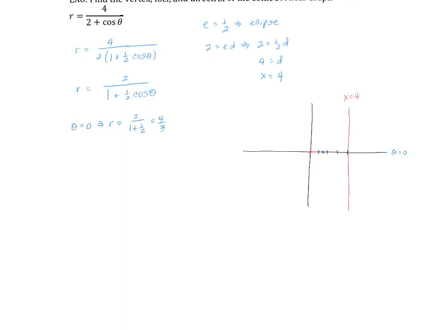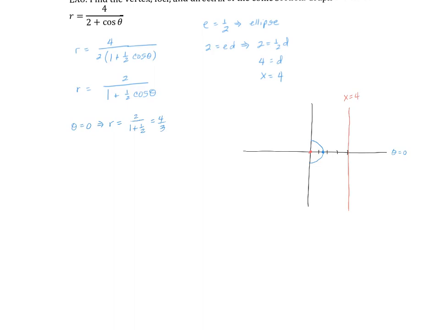So somewhere over here is going to be a point on my ellipse. So it looks like it's going to take this shape here. And then it's going to come around.